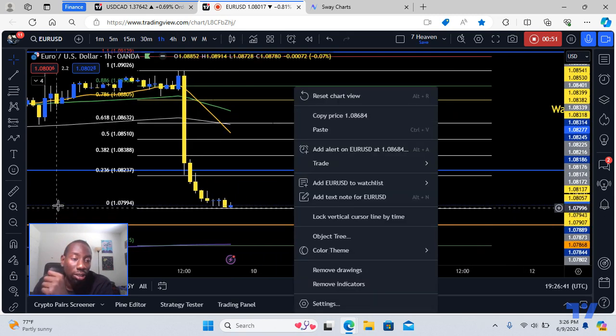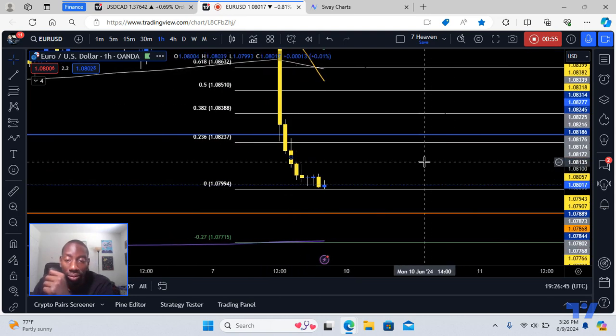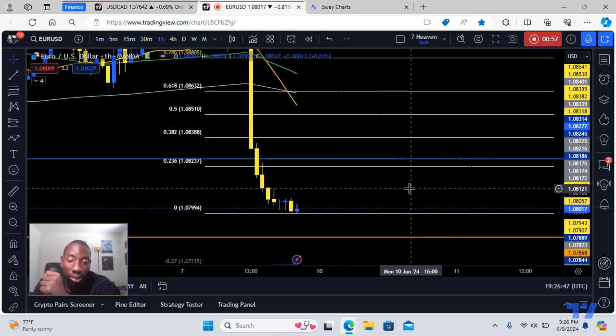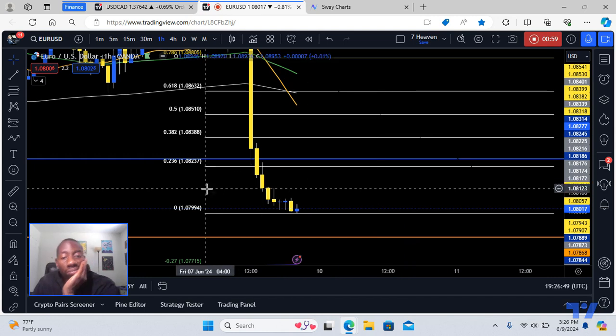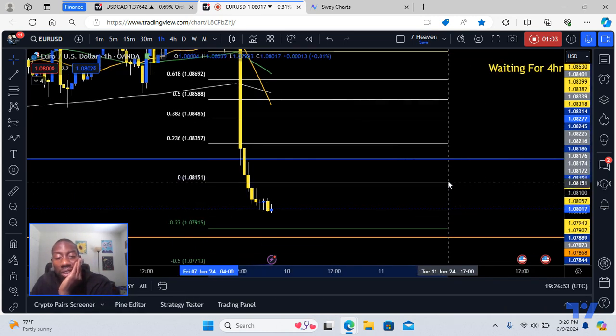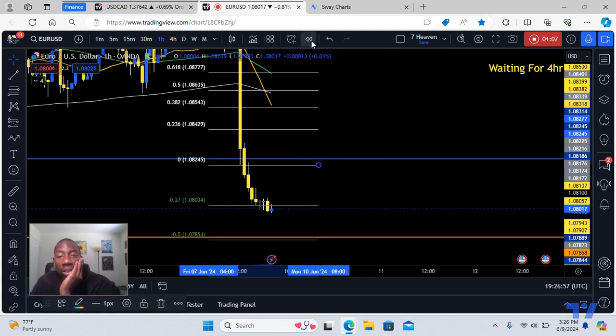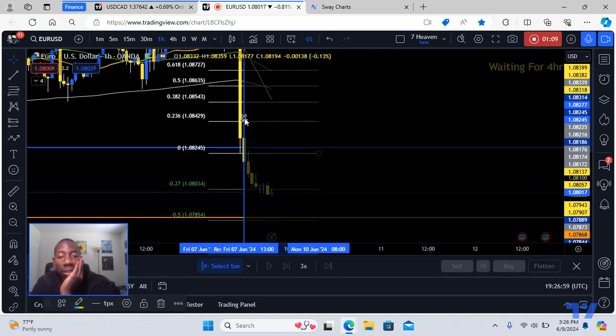If I zoom in, see here, I'm gonna give you major tips right now. Pay attention. When it comes down, of course, this is the candle that broke right over here before all this happened.